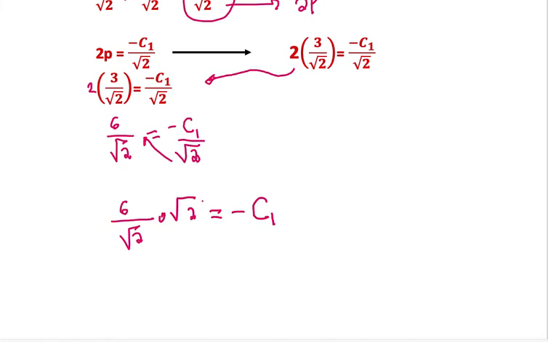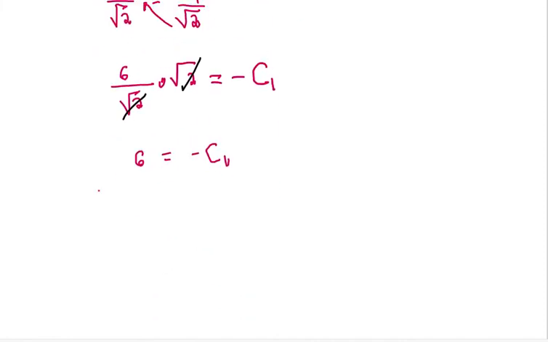Okay, so cancel this out, cancel this out, cancel this out. So what is left is 6. So 6 equals negative c sub 1. Then we need to make it positive. By the symmetric property of equality, it will become c sub 1 equals negative 6, or our c sub 1 is negative 6.